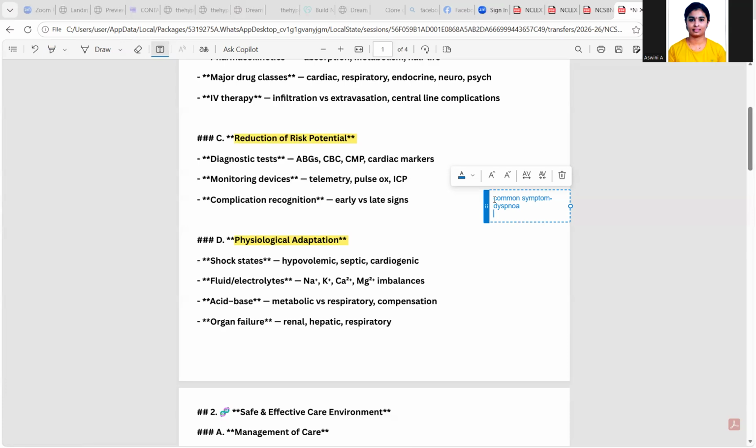Fever, ma'am. Fever, because there is a presence of a pathogenic organism. So we can identify the specific symptom. I am making you clarify the common symptoms and the specific symptoms.